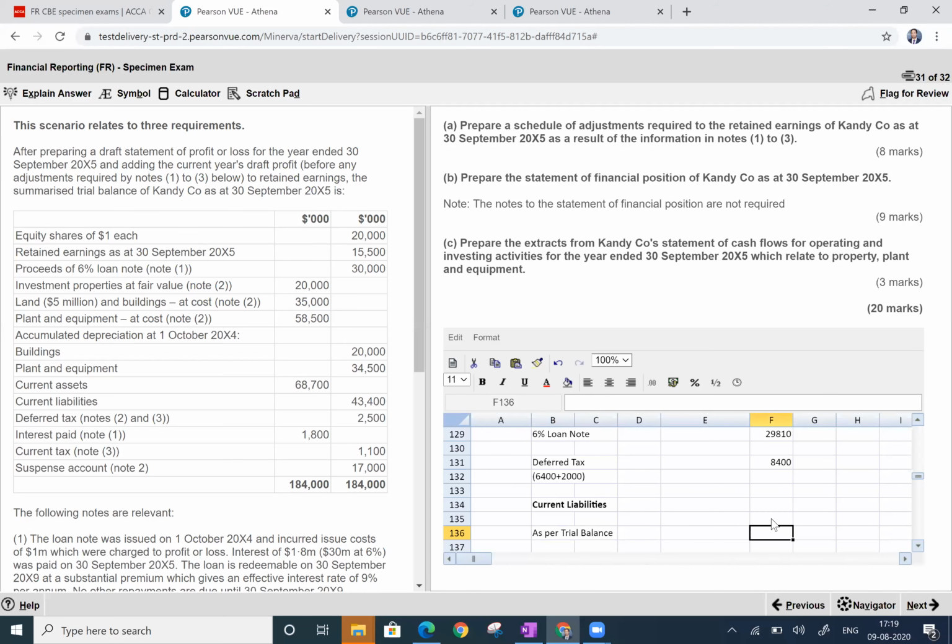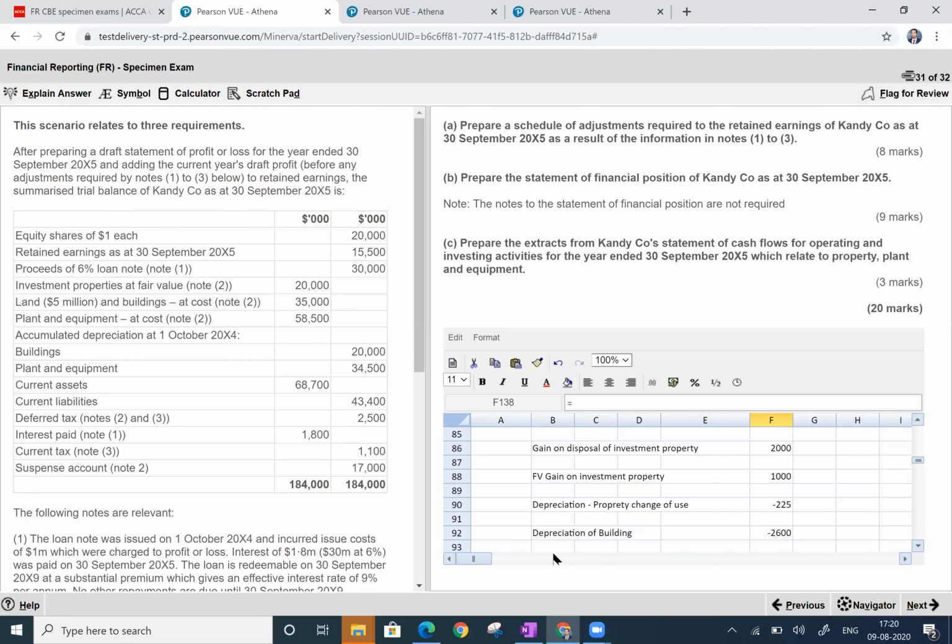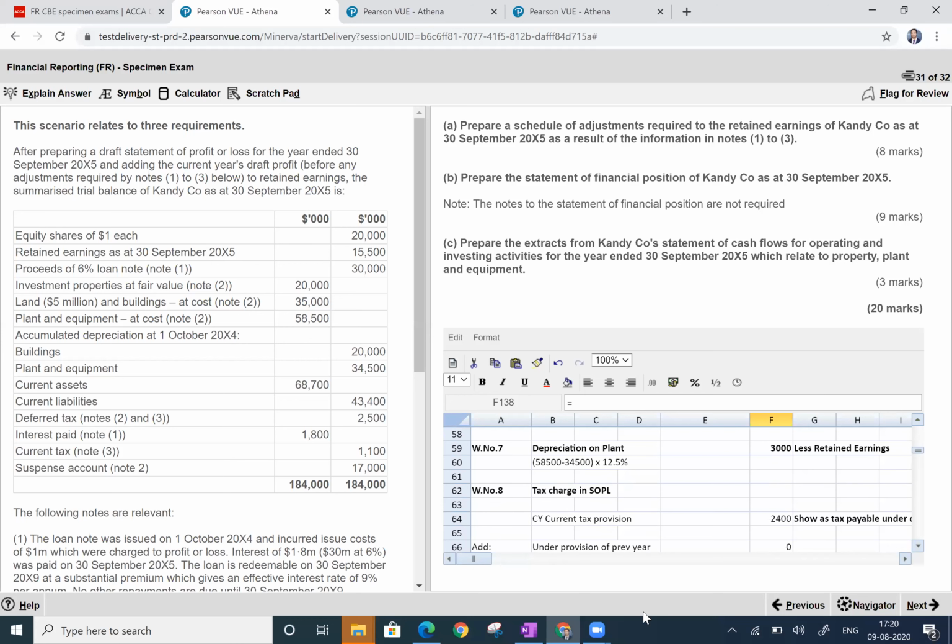Current liability is 43,400, and the last one is tax payable. Tax payable equals the first item in your tax charge column, the current year provision. Always the current year provision will be tax payable, F64.